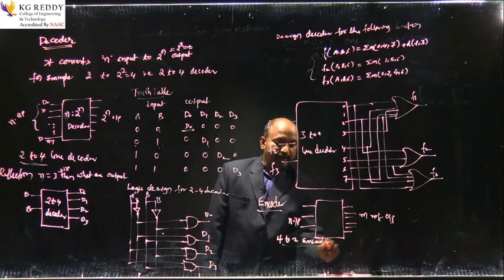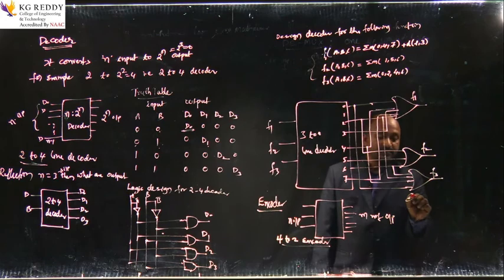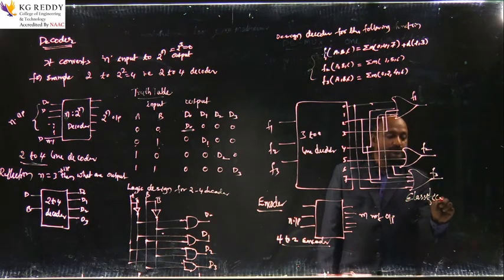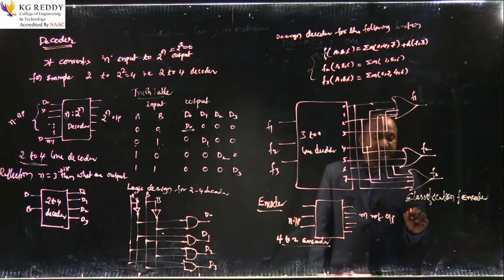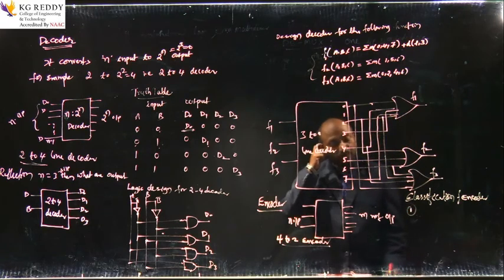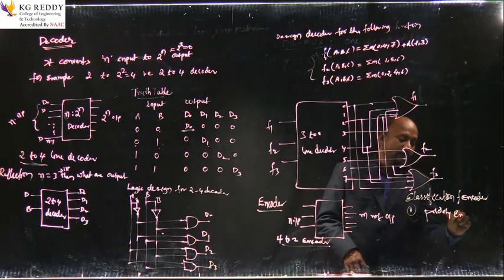Classification of encoders. First one is the priority encoder.